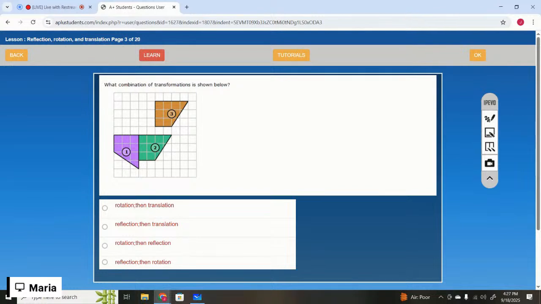What combination of transformations is shown below? 1 to 2 is the rotation.